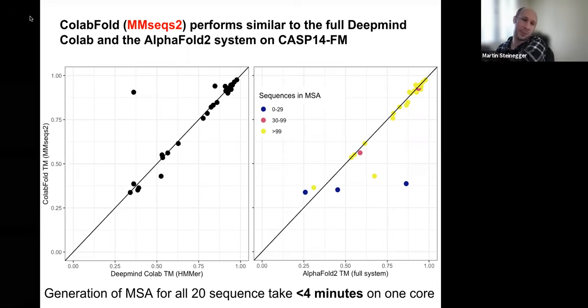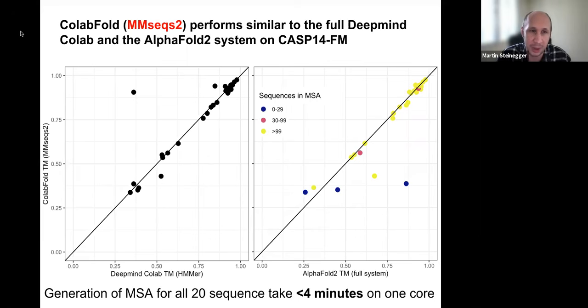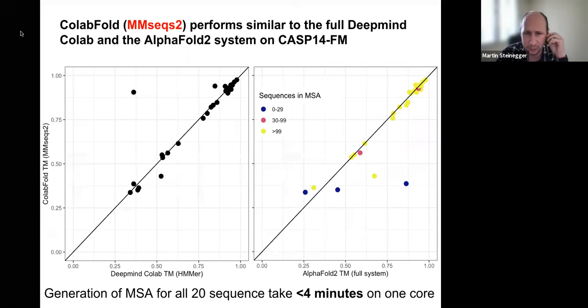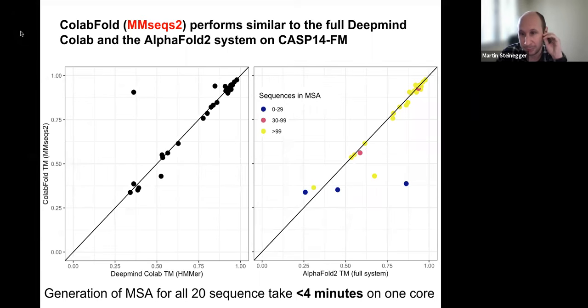So the DeepMind Colab can take an hour for one target to search, while the AlphaFold system, as I mentioned, uses multiple cores and also takes an hour, while the MSA generation here that I show, 20 sequences, takes with MMseqs2 only 4 minutes on a single core. So it's much faster.